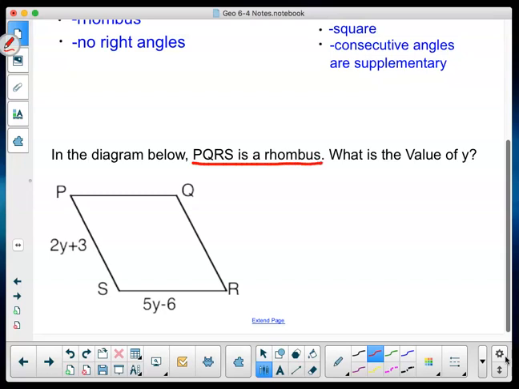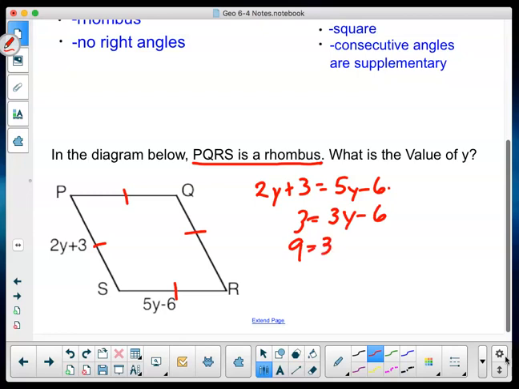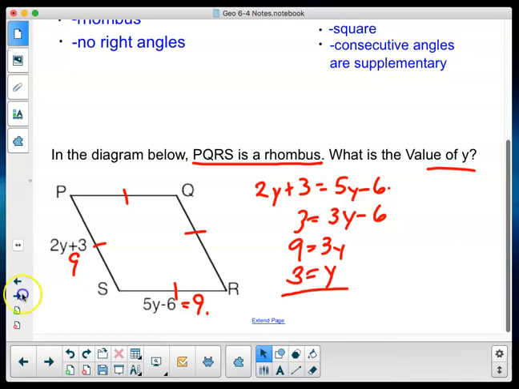I said it was a rhombus, and rhombuses have all the same length sides. So 2y plus 3 is equal to 5y minus 6, and now I solve for y. 3 is 3y minus 6, and I add 6, so 9 is equal to 3y, so y is 3. Cool. 6 plus 3 is 9, and 15 minus 6 is 9, so I've got 9 and 9. I found the value of y, I checked my work, and I'm all happy and moving on.